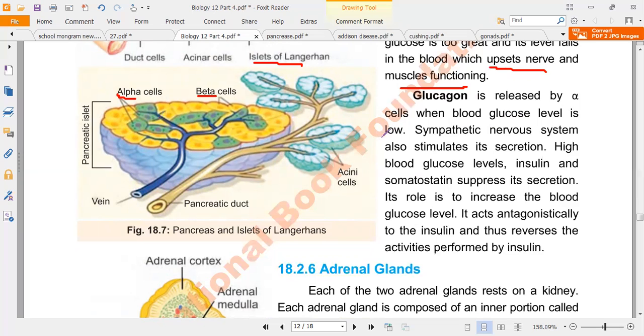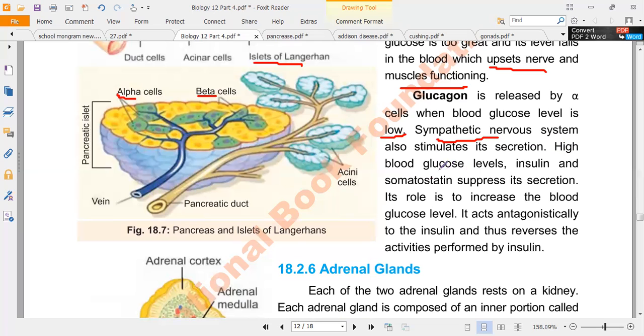When blood glucose level is very low, and in the sympathetic nervous system also, gluconeogenesis, like forming glucose from glycogen, is increased to give a high level of energy to the cells to run off from situations of fight and flight response.